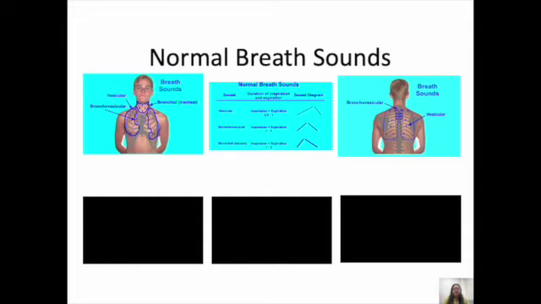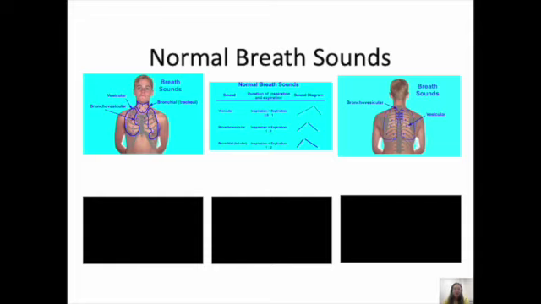Now, going to posterior, the majority of your breath sounds are vesicular, although by the first, second, third, and part of the fourth spinal processes, if you're hugging that area, you're going to hear bronchovesicular sounds where your inspiration and expiration are pretty close together.